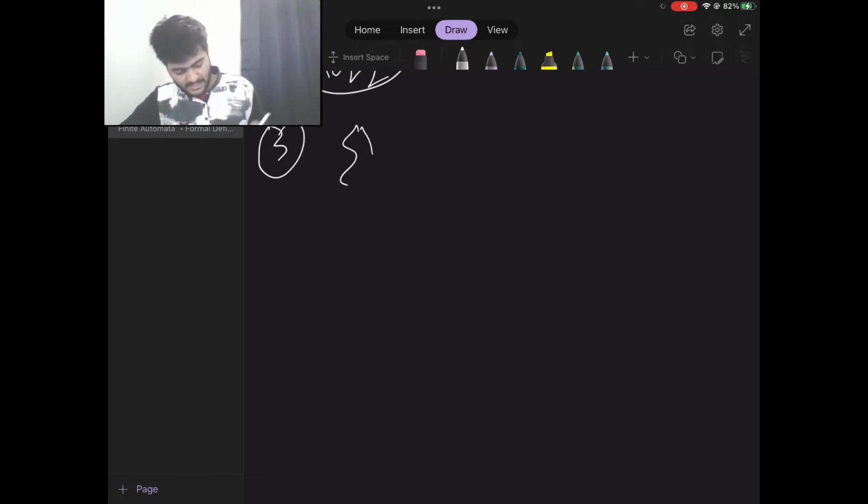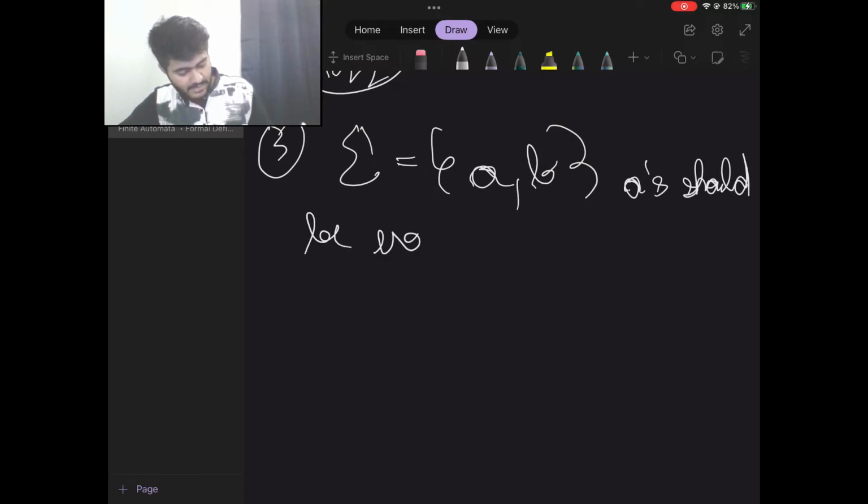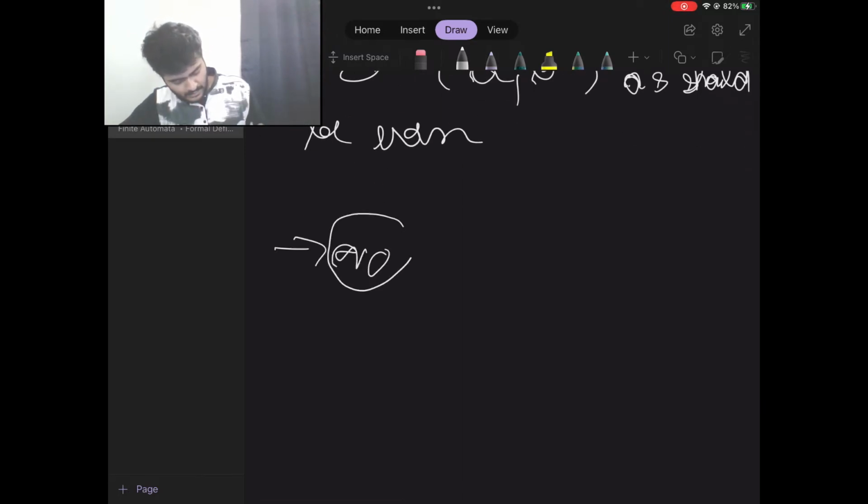So let's take another example, the third one. This will take more understanding. Let's take A and B as input, and the number of A's should be one. Defining this, we will take initial state Q naught.